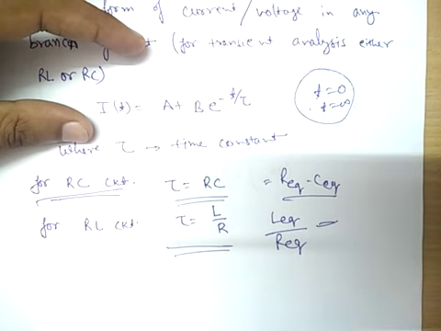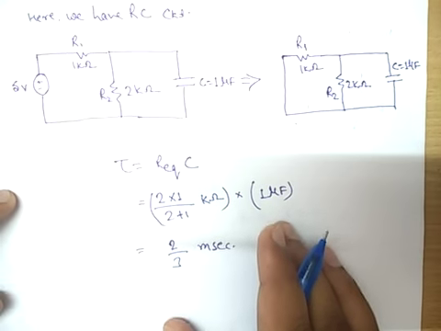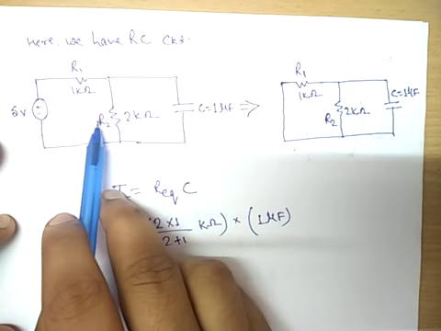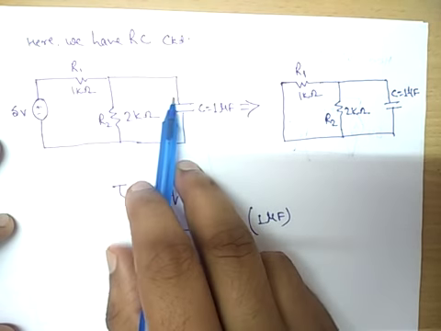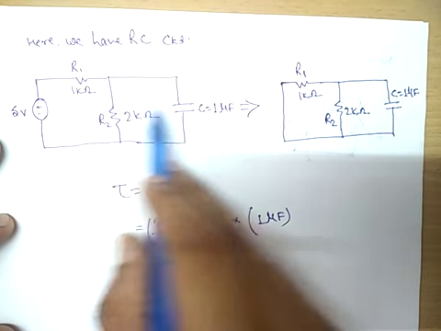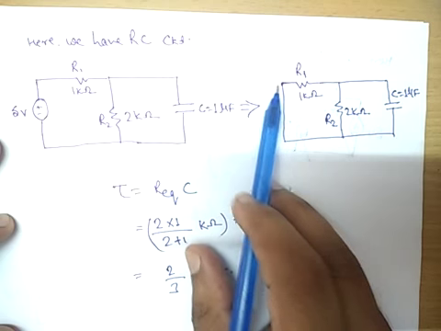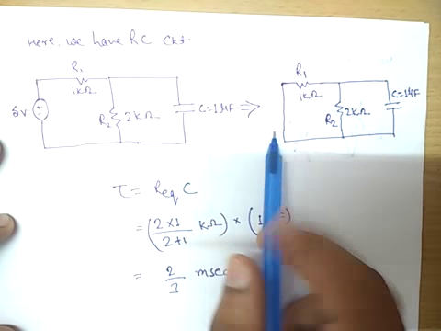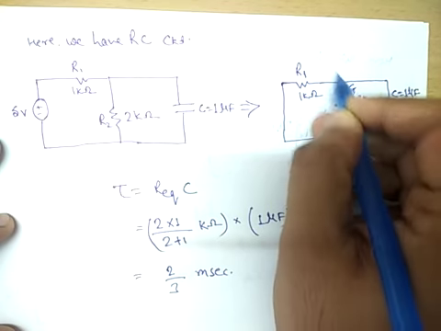So here we start. First of all, we will find the time constant for the given circuit. Now we have this circuit. There are two resistance values and one capacitance. So we will find the equivalent resistance across this capacitor. I have short circuited the voltage source, so here we find R equivalent in this region.